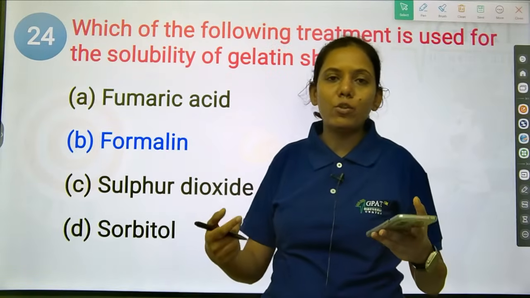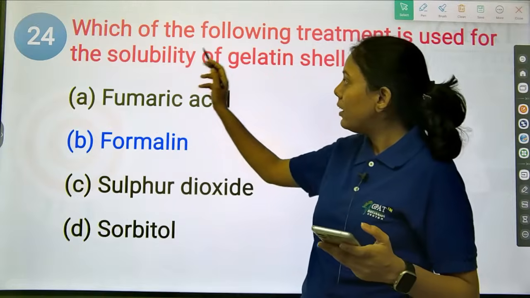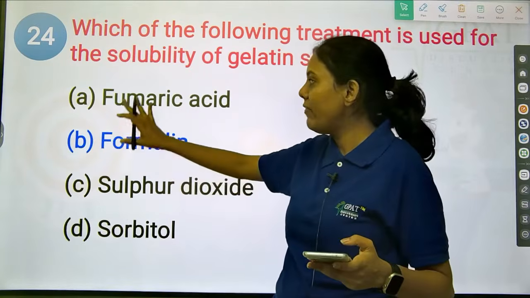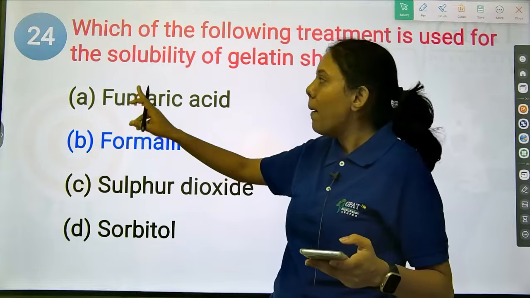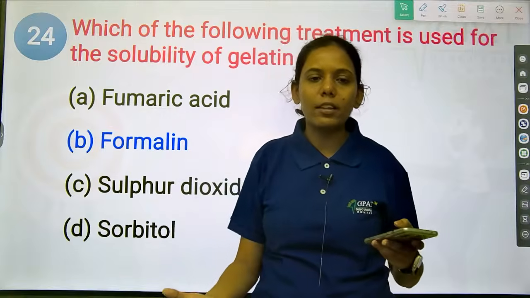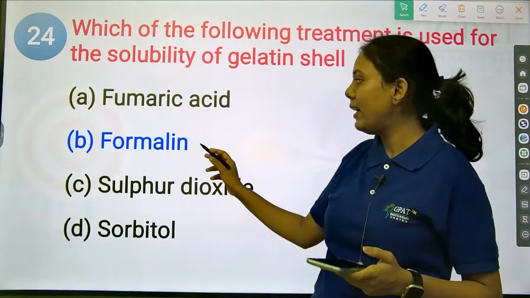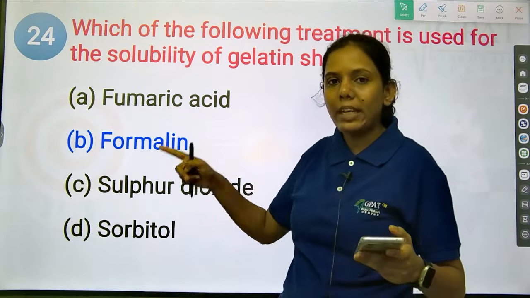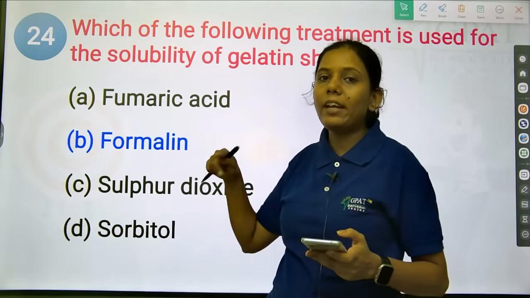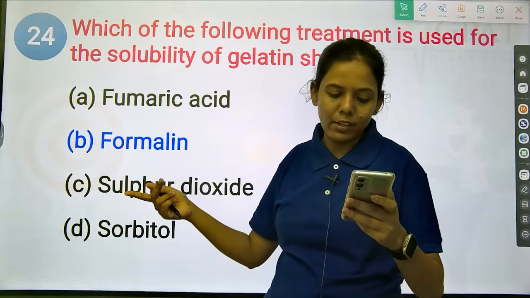Which of the following is to retard the dissolution? But since they did not mention increase or decrease, we can select any of them, right? But here the word has to be there, to retard the solubility or to retard the dissolution. Then we can say that it is formalin. Okay, but to increase the solubility, as I think Abhishek said, fumaric acid will be there, that reduces aldehydic tanning and increases the acid solubility.